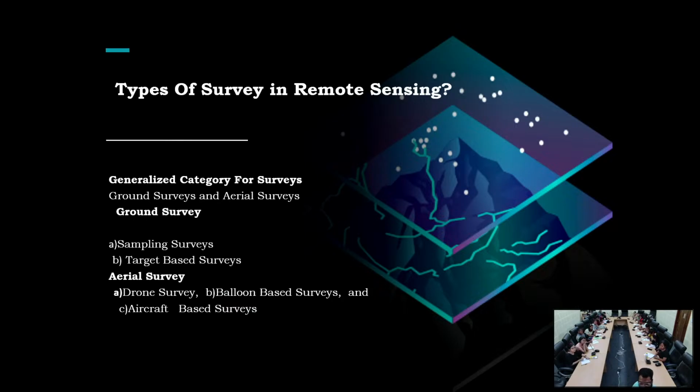So can anyone tell me what is sampling survey and target based survey? Just by seeing this, can anyone tell me what is ground survey, sampling survey and target based survey? Just give me an idea.